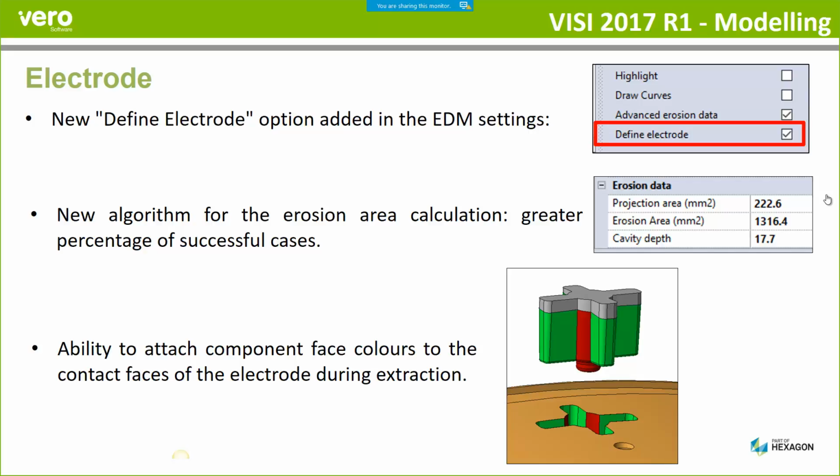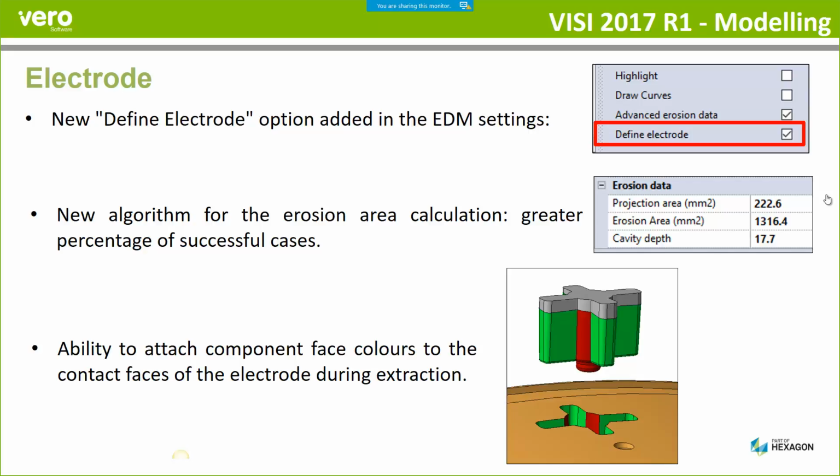There's an improved algorithm for calculating the erosion data. If you're reliant on the projected area and the erosion area data being calculated for you, it was very dependent previously on the quality of the model. So if you had a poor model, these values weren't always calculated. We've worked on the algorithm to ensure a greater degree of success for this calculation, so that works much better.